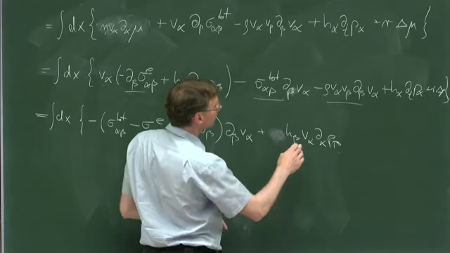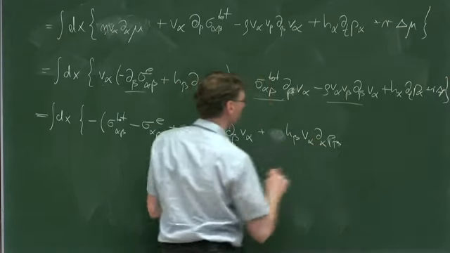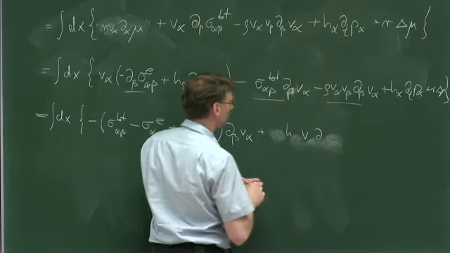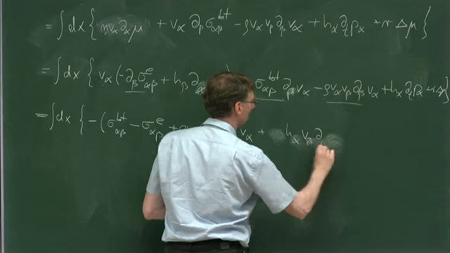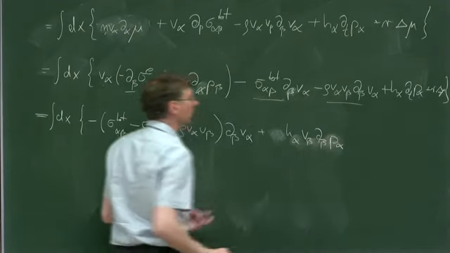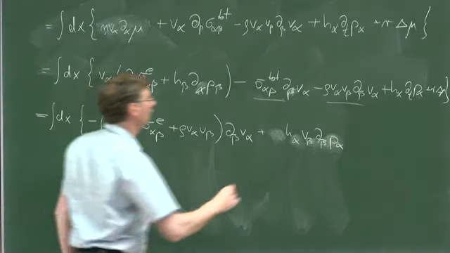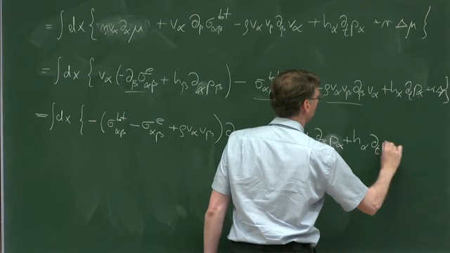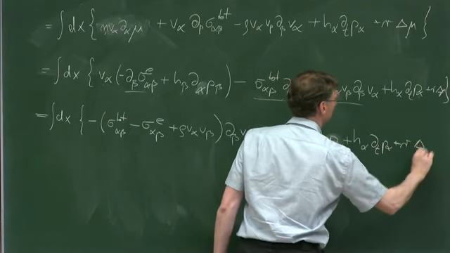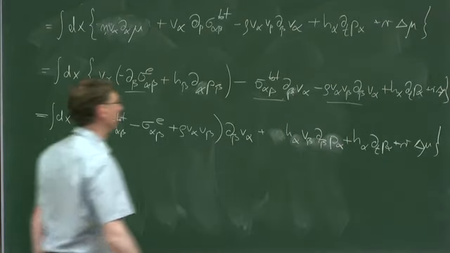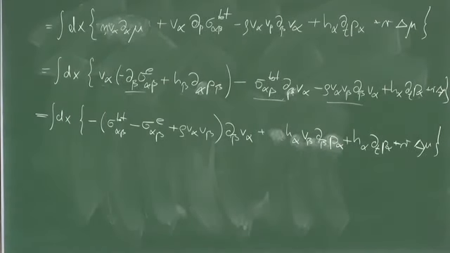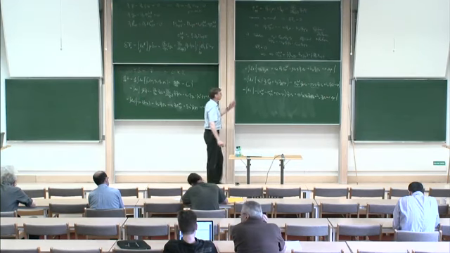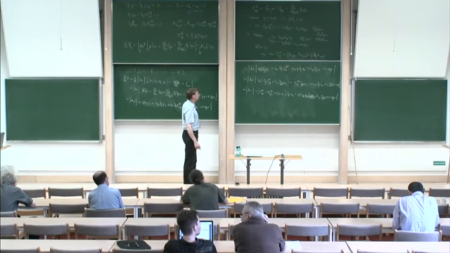And since I have here a p alpha, I will just rename the indices, okay? So let's call this alpha, beta, beta, p alpha. And then I have a plus h alpha dt p alpha plus r delta mu. Okay? So basically this is the result that I wanted to get.